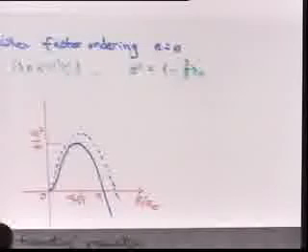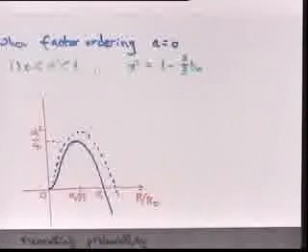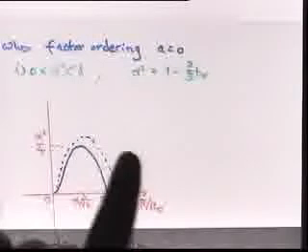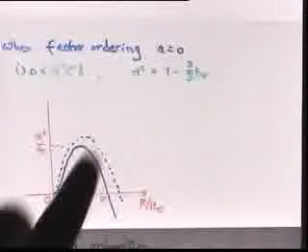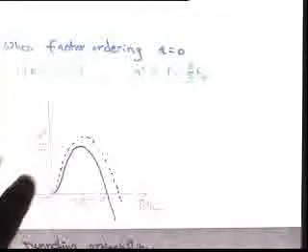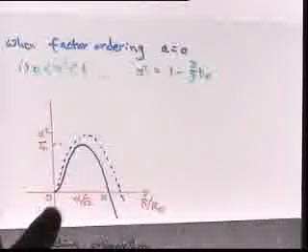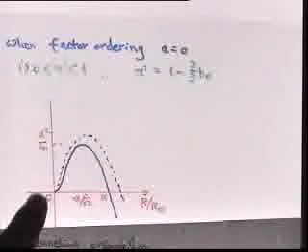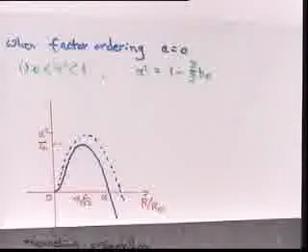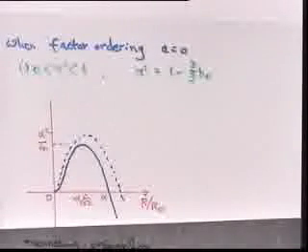From here I show you some results for this one. From the field equation, if we choose the factor ordering parameter A equal to 0, then the potential is given like this. The dotted line is just the cosmological model without the wormhole.